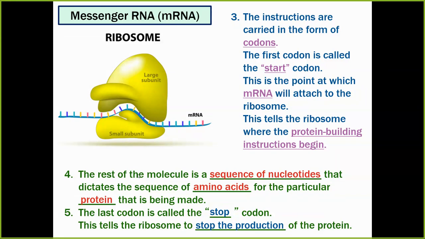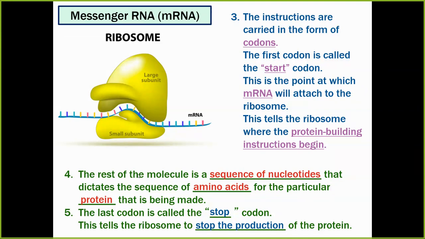But the very, very first codon on an mRNA does not call up an amino acid. It is simply called a start codon. And we talked about these previously when we looked at that amino acid wheel. A start codon is like a signal to the ribosome, hey, start making my protein here.